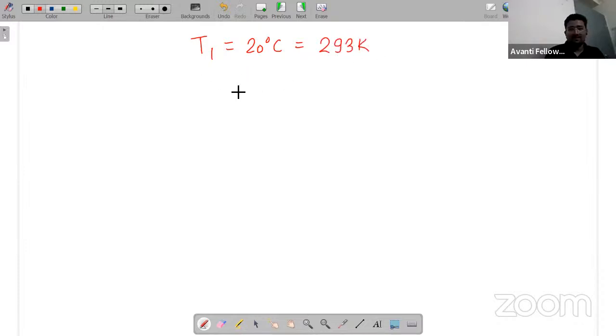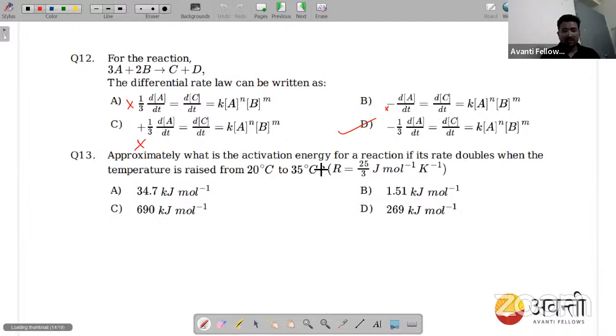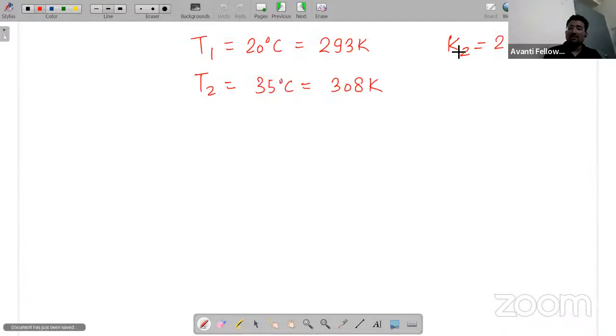And T2 is given, that is 35 degrees Celsius, that means it will be 308 Kelvin. You can clearly see here that we have to calculate the activation energy when rate doubles. That means K2 will become 2 K1.